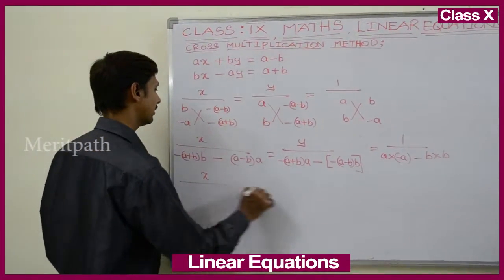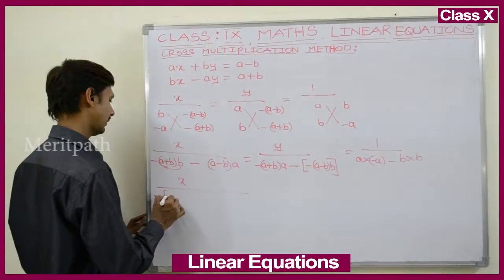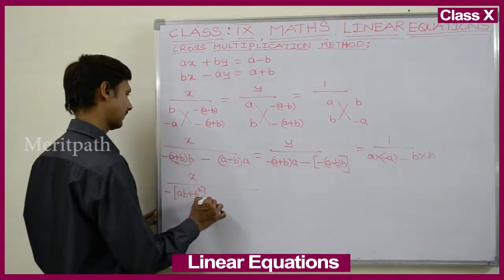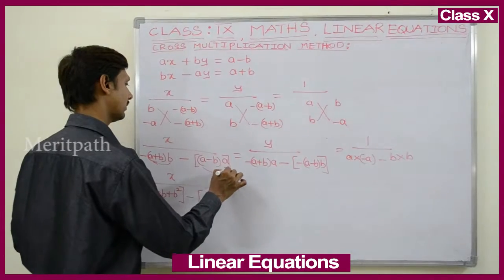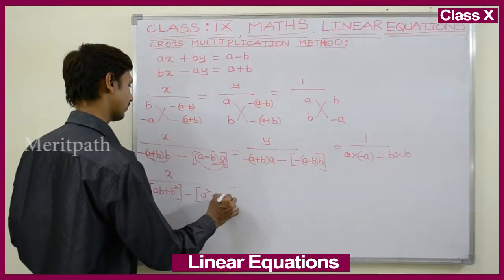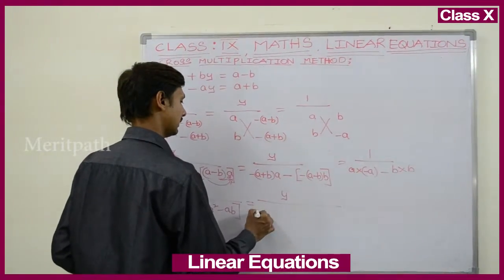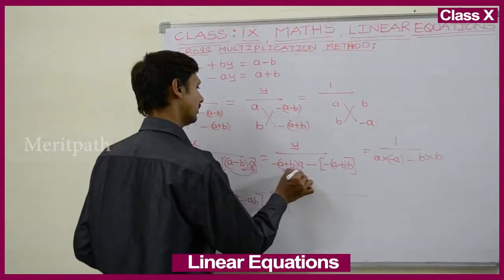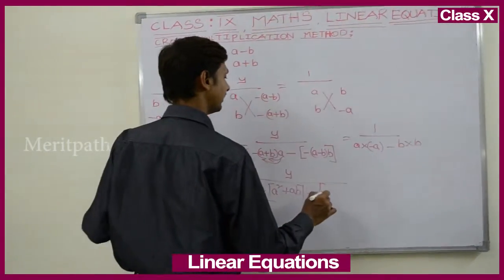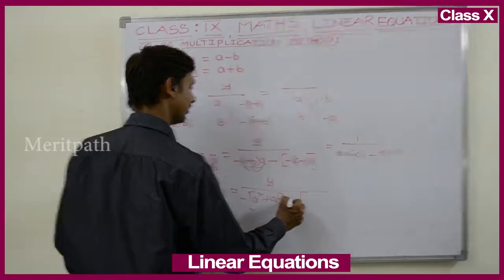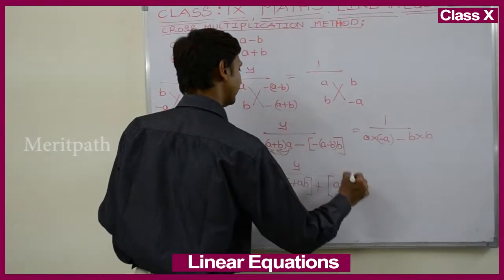So x by, when we simplify this part, minus is the same when we multiply with b, ab plus b square, minus when we multiply this both, a square minus ab is equals to y by, minus is same when we multiply these two, a into a square plus ab, minus, there is a minus symbol, this minus minus, it becomes plus, then a into b, ab, minus b into b, b square.